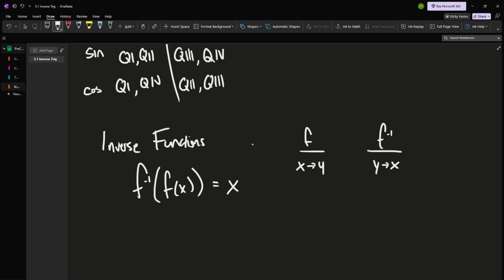It swaps the x and y values. Therefore, doing f of x and then doing the inverse must give me x, because x is becoming y, and then y is now becoming x. So all in all, x is becoming x. The inside value, the input value, is the end result.